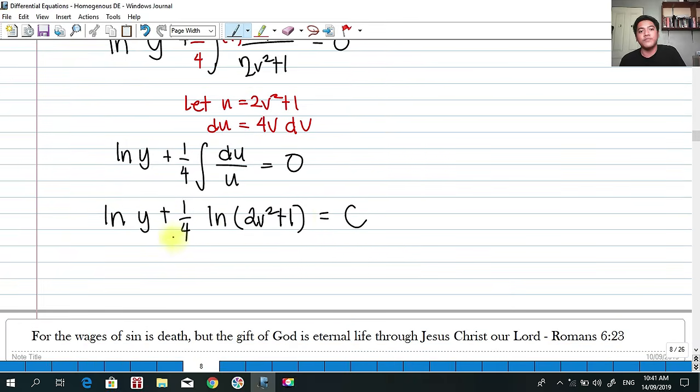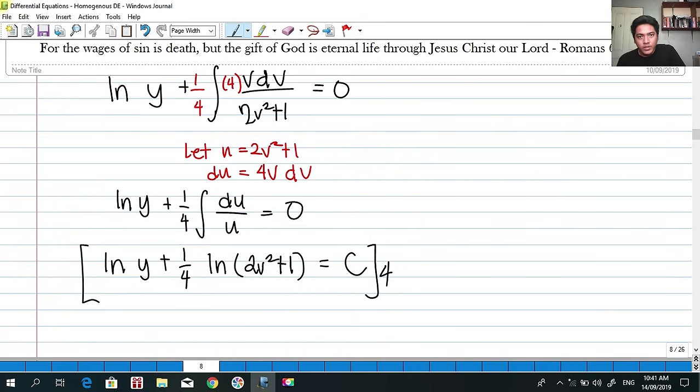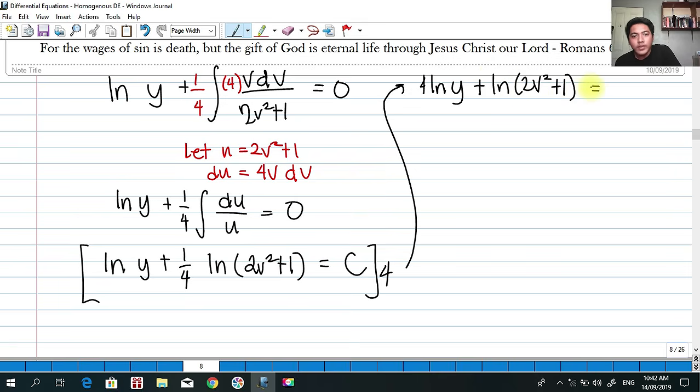Let's first simplify before we eliminate the ln. If I multiply both sides of the equation by 4, this becomes 4 ln of y plus ln of 2v squared plus 1 is equal to 4 times a constant, which is still a constant. If this were a variable, then you should include the variable.